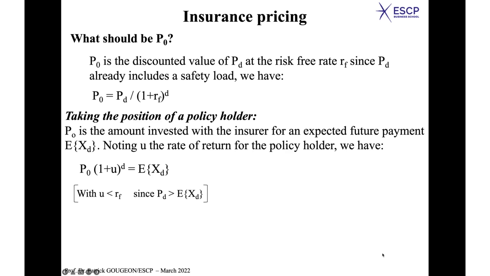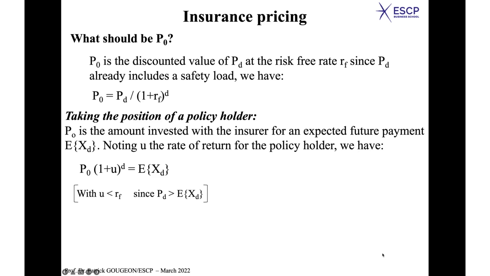But if you have a collective approach, if you look at the policyholders as a group, they spend money in the first place and they get it back later on as claims payments. So individually, maybe you will receive nothing. But if you look at the group of policyholders, if you have a collective approach rather than an individual one, the group is getting the money back through the payment of claims.